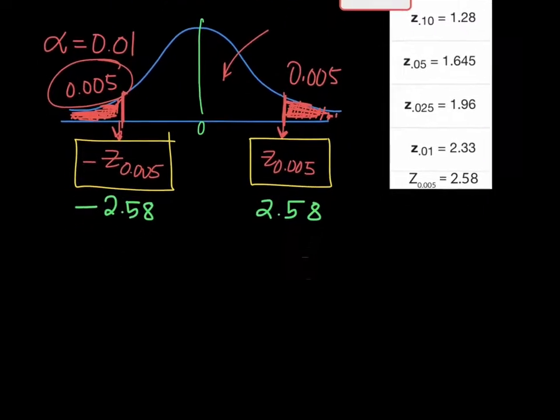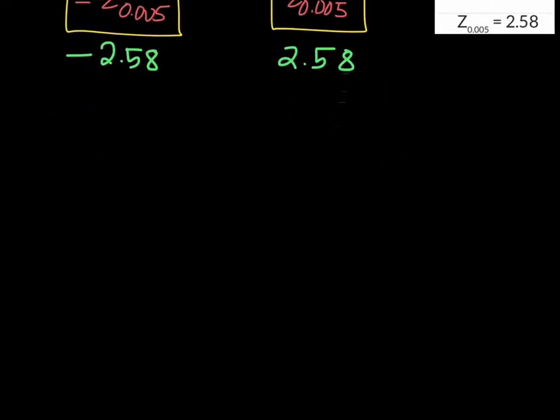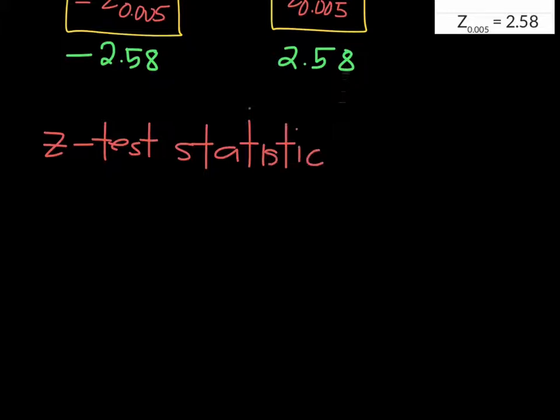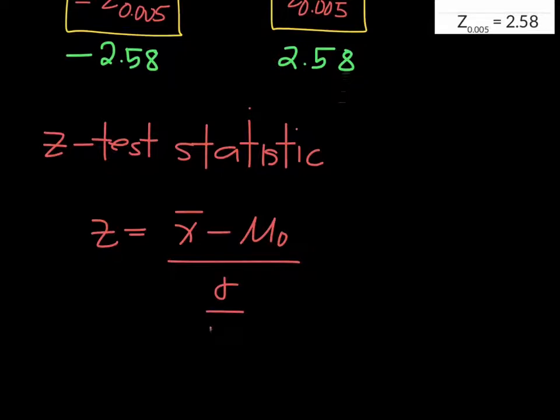Since we are using the z-test for this example, the test statistic that we have to compute will be a z-test statistic. And that will have the formula z equals x bar minus the hypothesized mean over sigma over the square root of n.